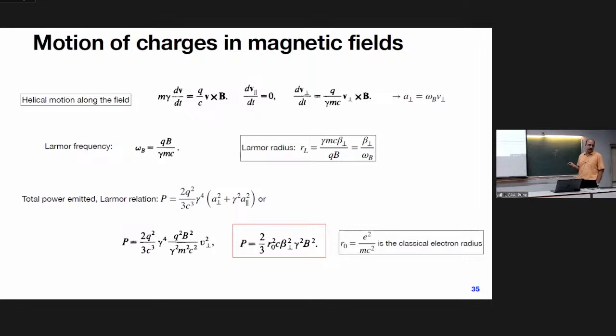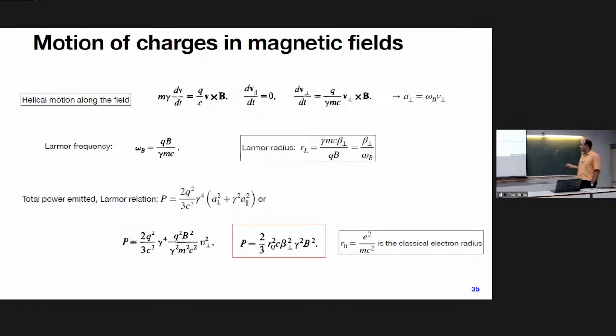This is how it looks. You can again look at standard textbooks for the derivation. But for our purpose, the parallel component of the acceleration is 0 because the charge is gyrating, so the acceleration will be perpendicular to the charge's velocity. Only this term contributes.